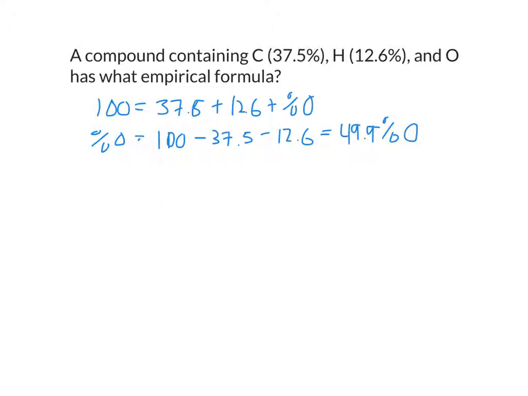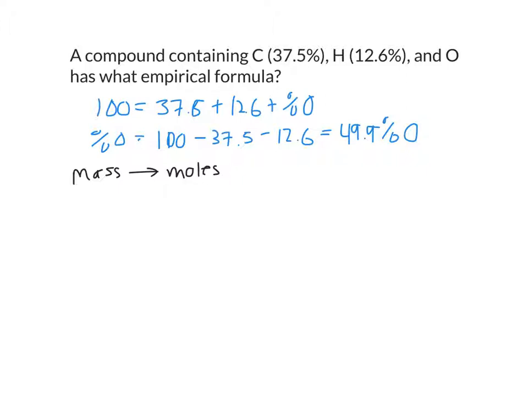So I know I'm going to need to go from mass to moles. So the easiest way to do this is to assume that we have 100 grams of the compound. Notice that because we have percent by mass, it doesn't matter how much of the compound we take, the percent by mass of each element will always be the same, no matter how much we take.